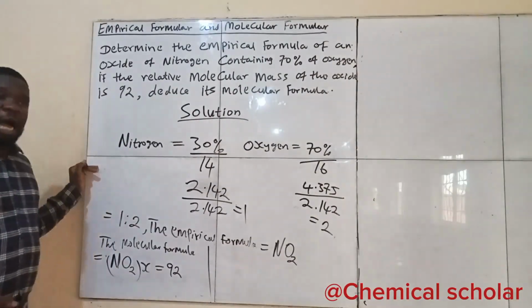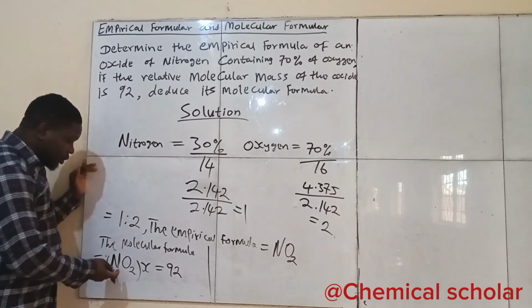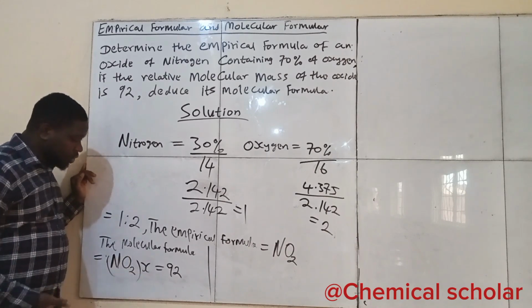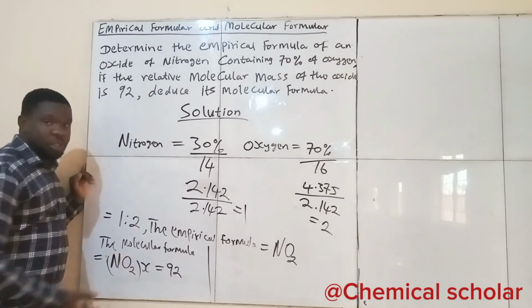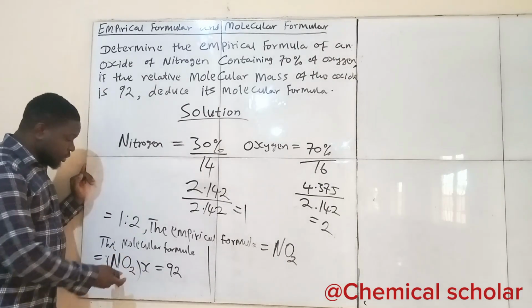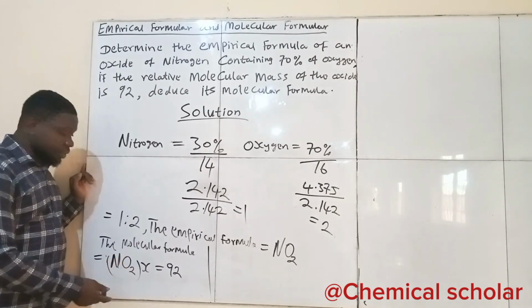The relative atomic mass of nitrogen is 14, and the relative atomic mass of oxygen is 16. And here we have 2 oxygen, which is 32. So 32 plus 14 will give us 46.